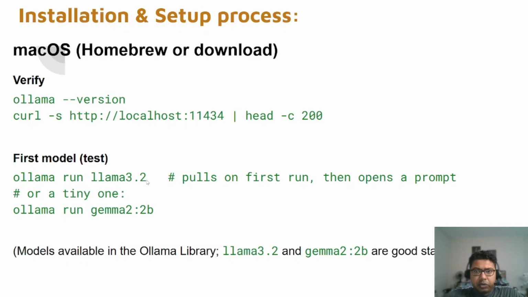If we do that, it will pull on the first run, then open a prompt, because initially there will be no model installed, right? So the first time we run ollama run with any model name, like this llama3.2, it will first pull the model and install it on our machine, and then it will mount it, meaning it will run the model.